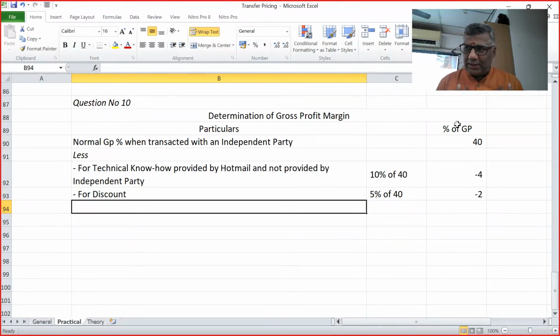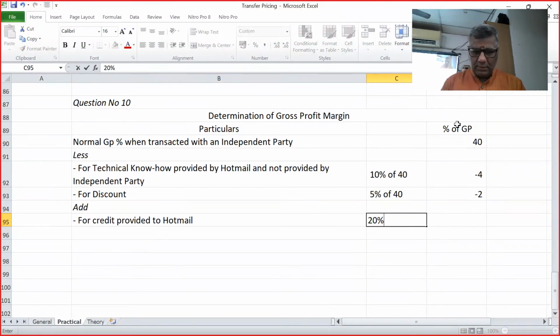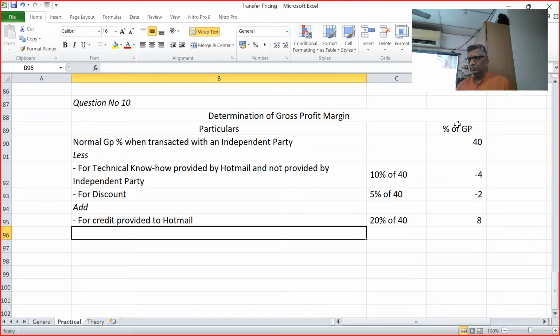So there is a working capital cost for me, which I should recover from them. 20%. We'll wait.